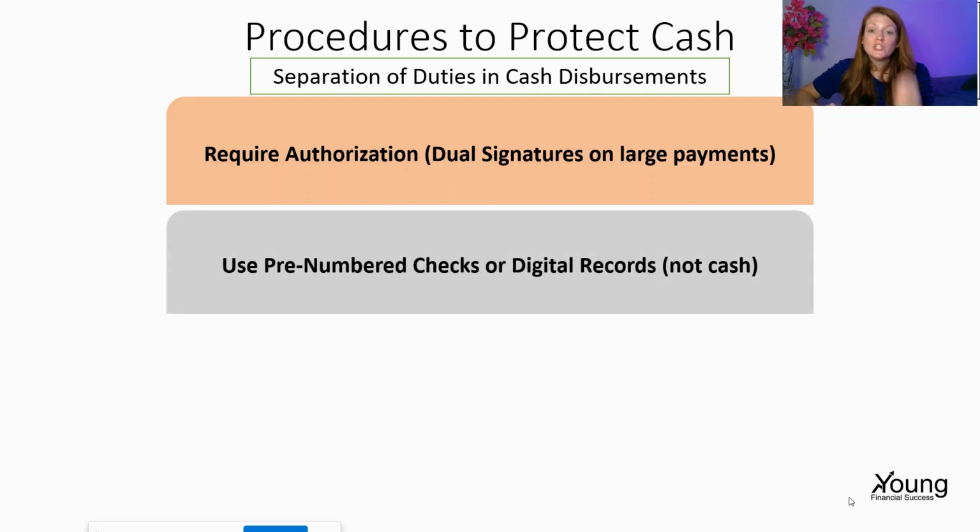Use pre-numbered checks or digital records, and don't use cash to pay people, because when you pay people with cash, I'm telling you, I have worked in departments like this where the vendor comes back and says, hey, you never paid this invoice. And I'm like, actually, I paid it with check number 2431, and it looks like you deposited it in your bank account on August 24th.